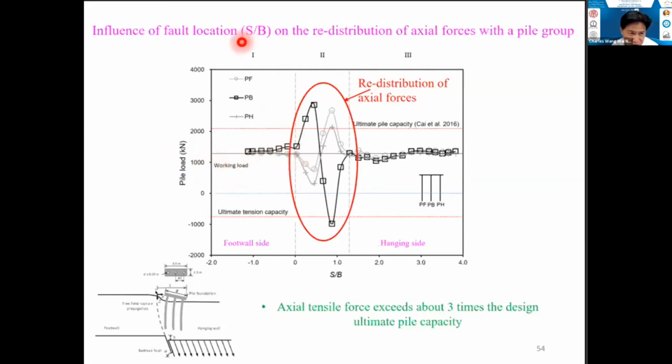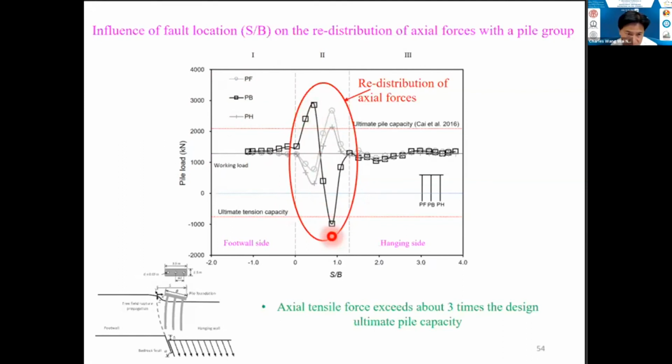You can see within zone 1 there's no change. But within the transition zone here, with different piles, so here represents 3 different piles by the symbols, within this zone the pile is subject to change from compression to tension, for instance, for the PP pile.